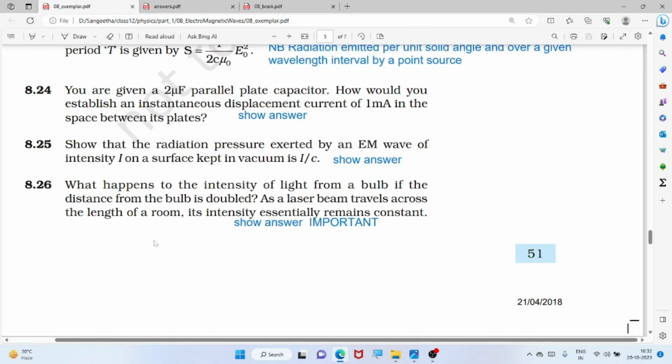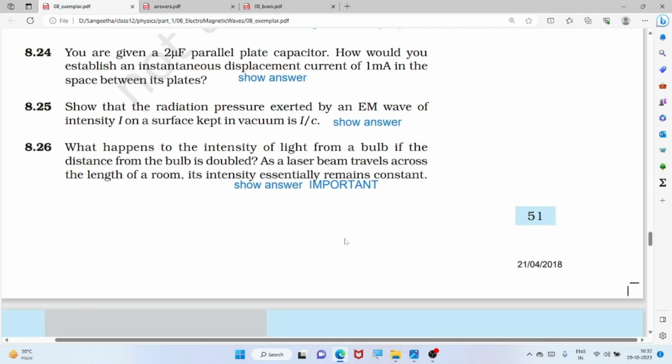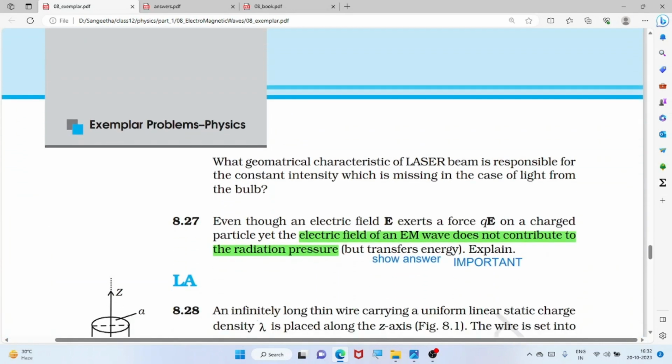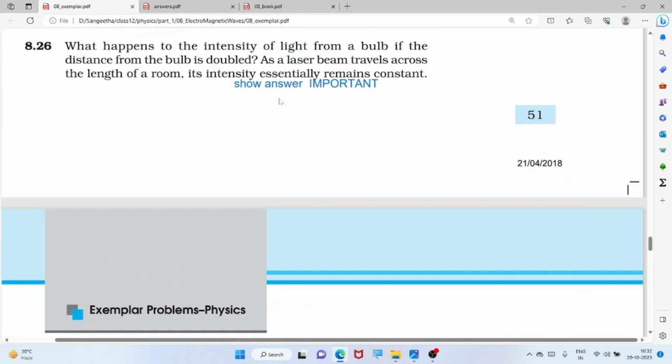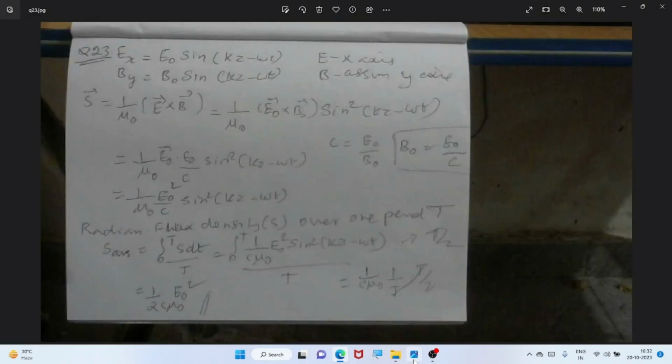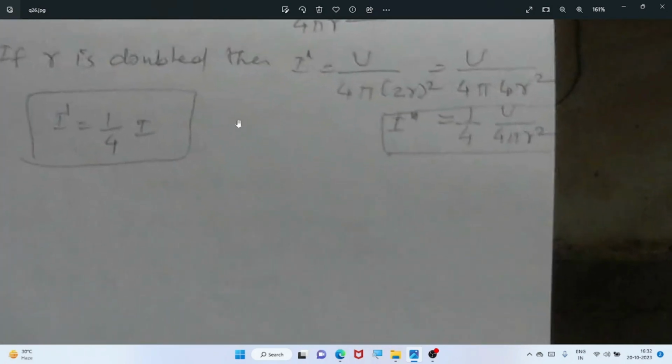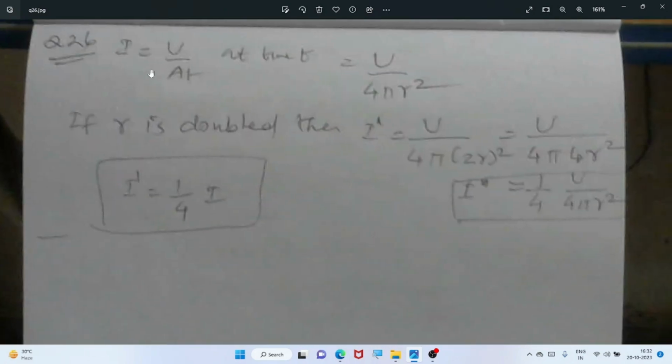What happens to the intensity of light from a bulb if the distance from the bulb is doubled? As the laser beam travels around this, it is not changing. Question 26. See here the intensity is the energy divided by the area.